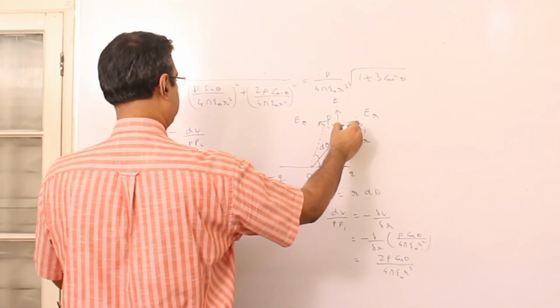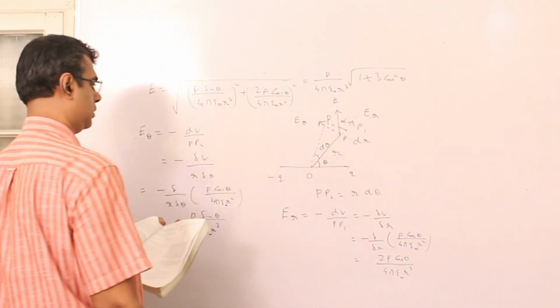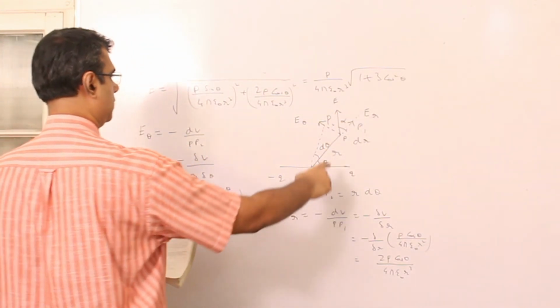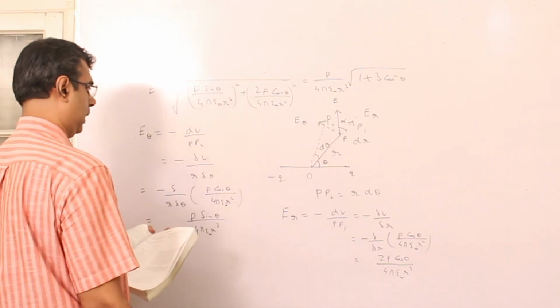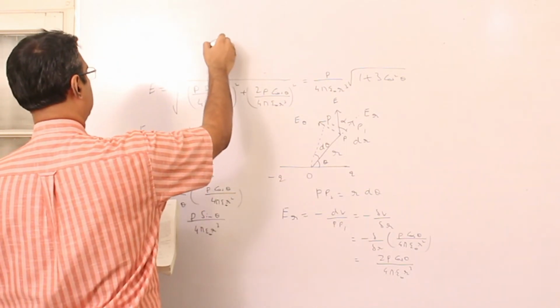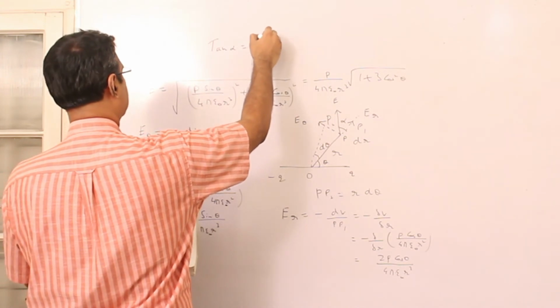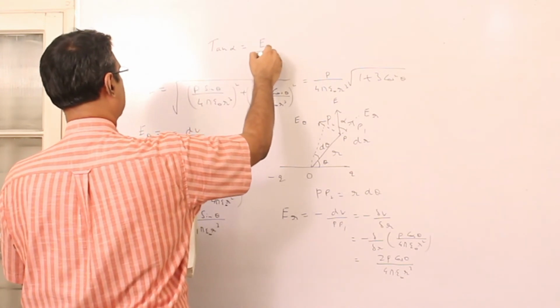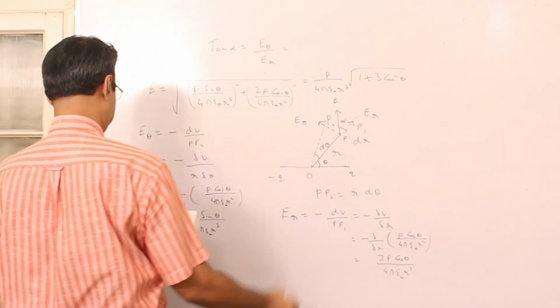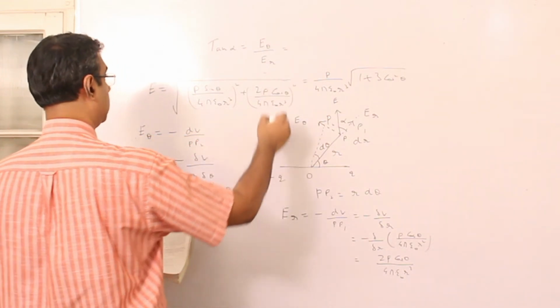Now, since the field is a vector quantity, we also need to know the direction. So the direction we can get from alpha. We will take tan alpha is equal to E theta by ER. We already know E theta, we already know ER.